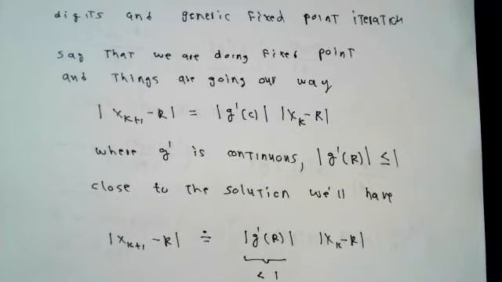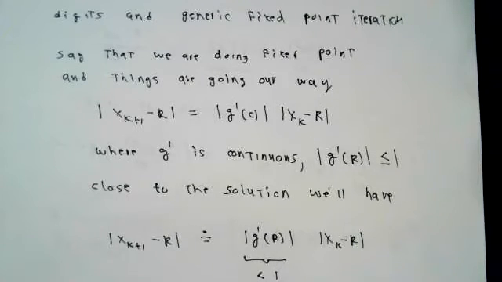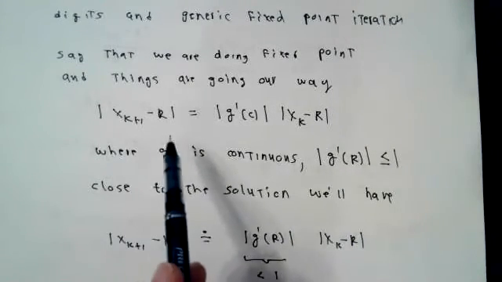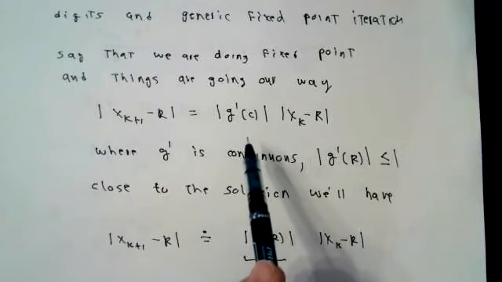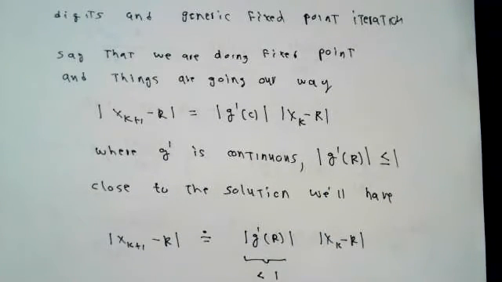Let's think about significant digits in relation to generic fixed point methods. So I'm going to do my fixed point method. As we stated multiple times, the error goes like this. If I'm close to the solution, the error is roughly absolute g prime at r times the error at the previous step.